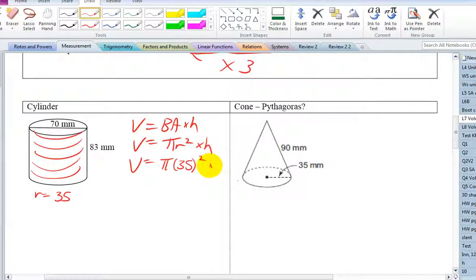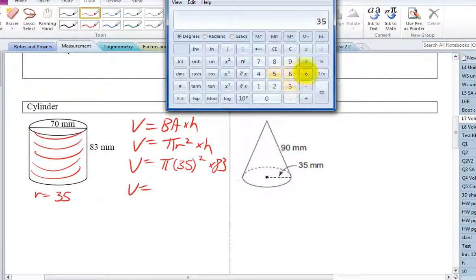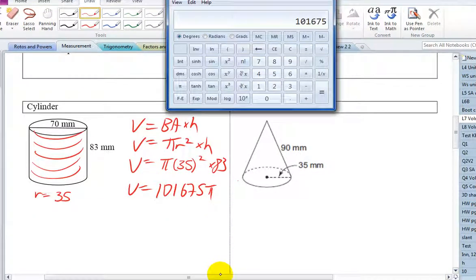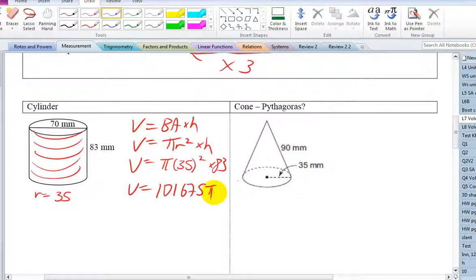Just like last year, we don't really want decimals if we can avoid them. So here we're going to go 35 squared, which is 35 times 35, times 83. We get 101,675 times pi. And that's going to be millimeters cubed.